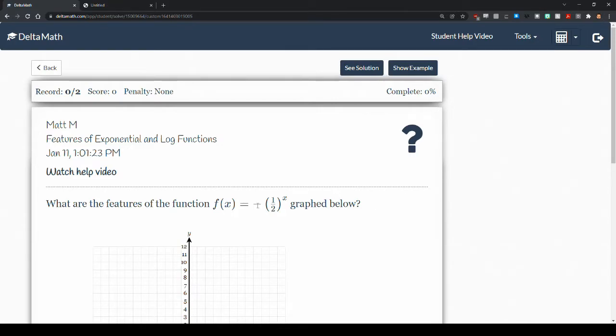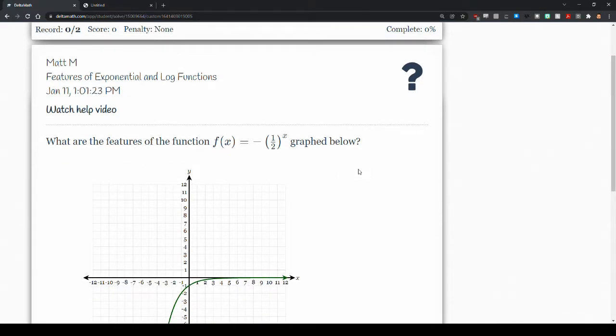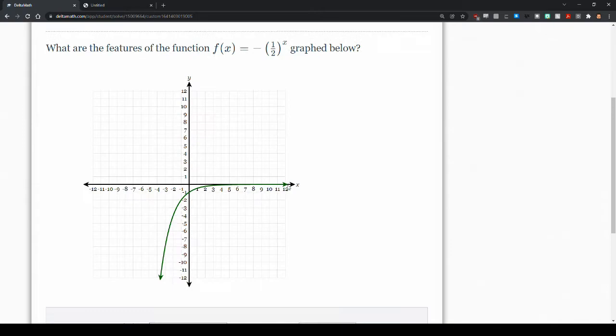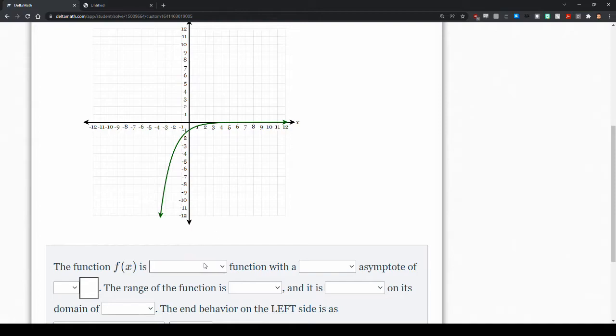So in this section, you're given the graph of an exponential function. Remember, we haven't done logs yet, and you just have to describe some of the features. Okay, so first off, just looking at this graph, look for asymptotes, right?